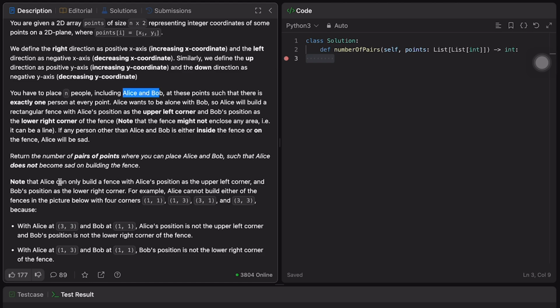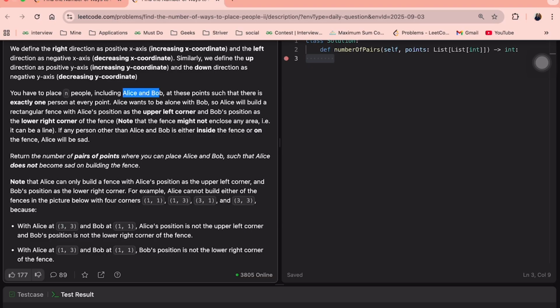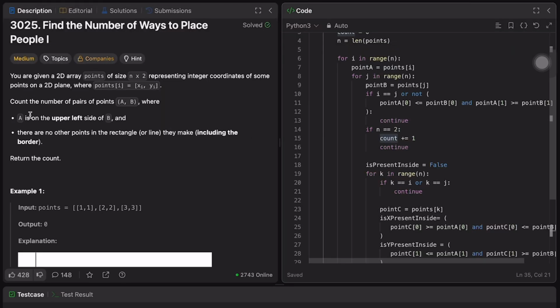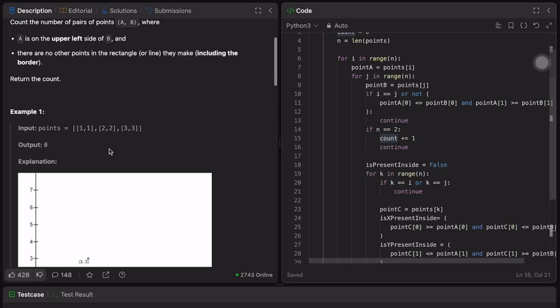Note that Alice builds the fence with Alice's position as the upper left corner and Bob's position as the lower right corner. Which means, as in yesterday's question, A is on the upper left of B, so for sure B will be on the lower right.